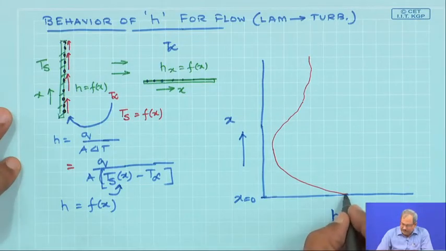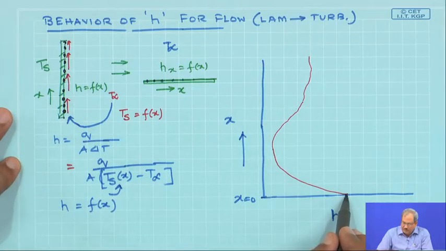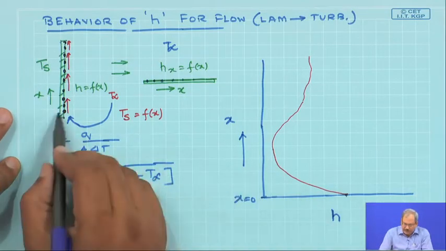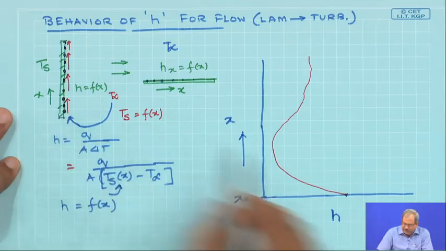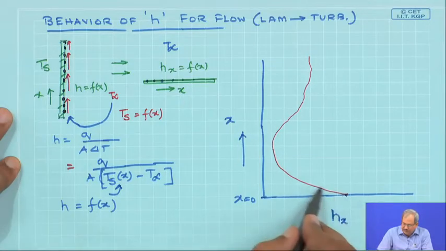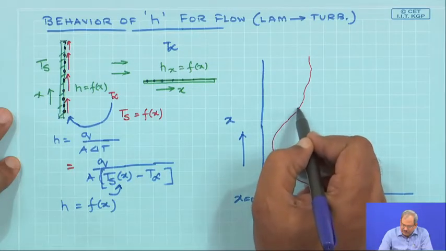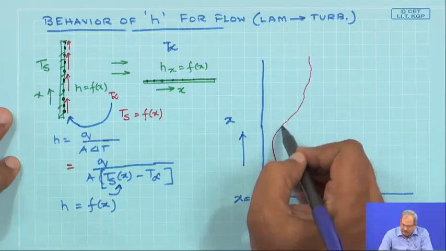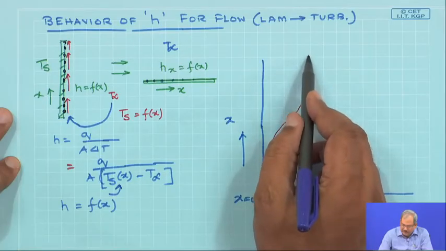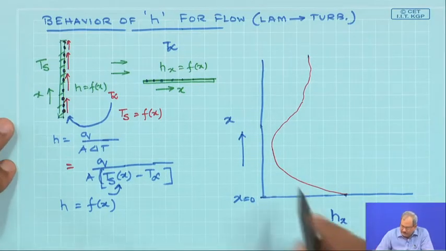That at this point over here, the value of heat transfer coefficient is the maximum, but as you move in this direction, the convective heat transfer coefficient decreases rapidly, it reaches a plateau and then it starts to increase slowly, and reaches more or less some sort of an asymptotic value over here. So, what is happening in here?